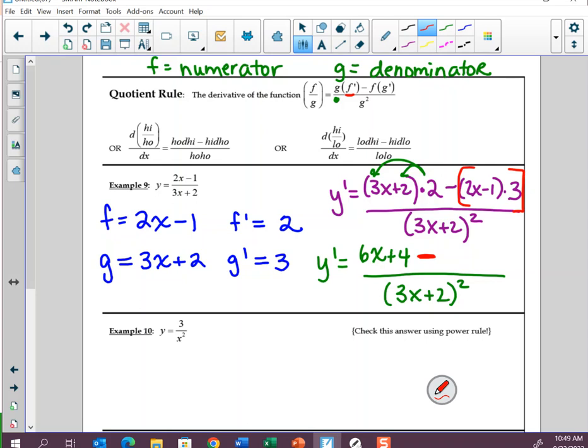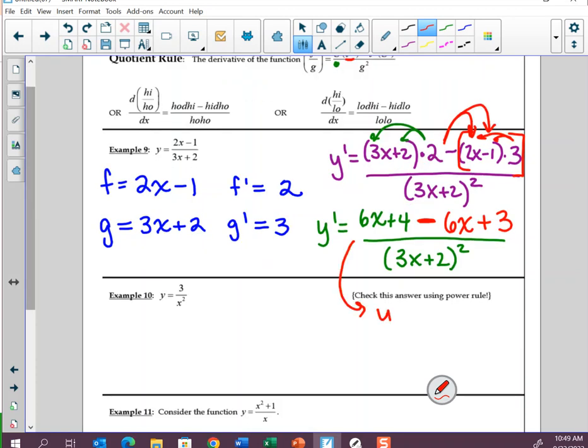So it's going to be a minus 6x, but it's going to end up as a plus 3. The answer we would be wanting to look for here would be 7 over 3x plus 2 quantity squared. That would be a good answer.